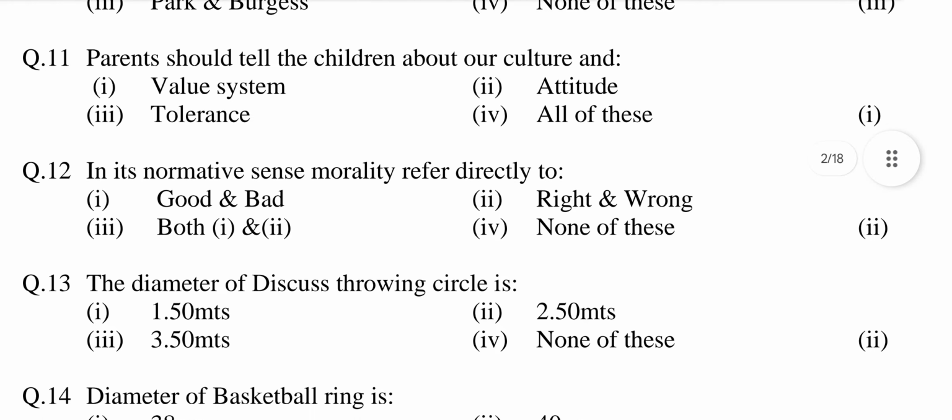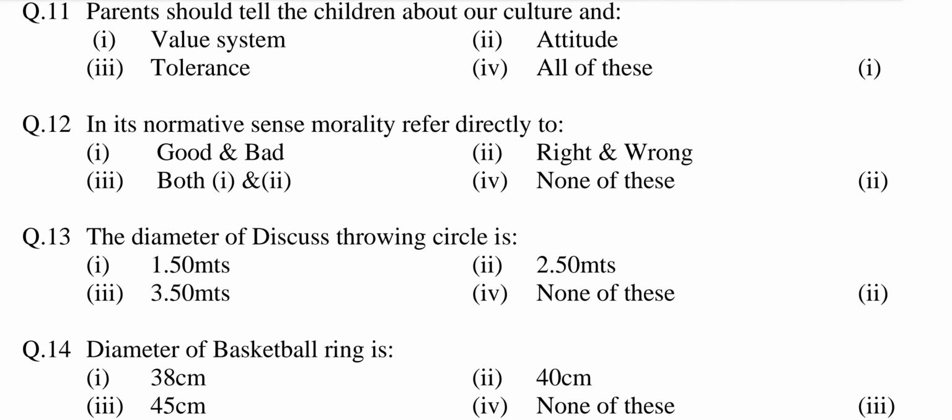In its normative sense, morality refers directly to: option first, good and bad; second, right and wrong; third, both first and second; fourth, none of these. Answer is option second, right and wrong.